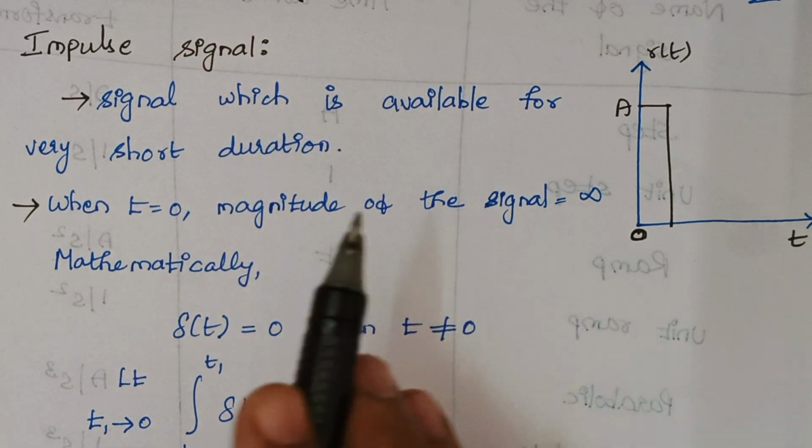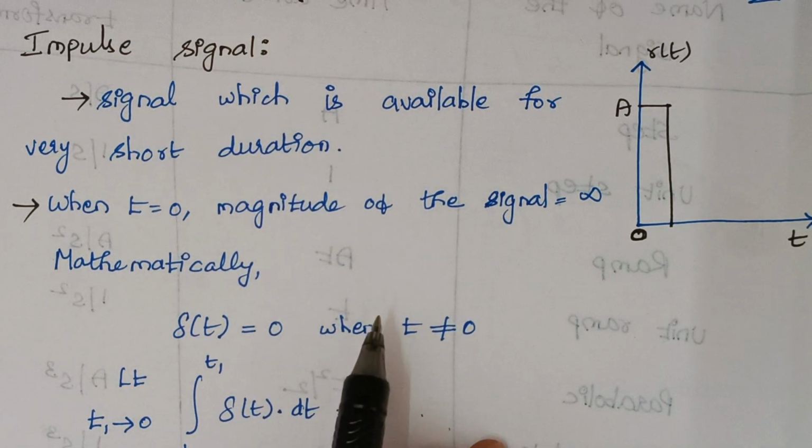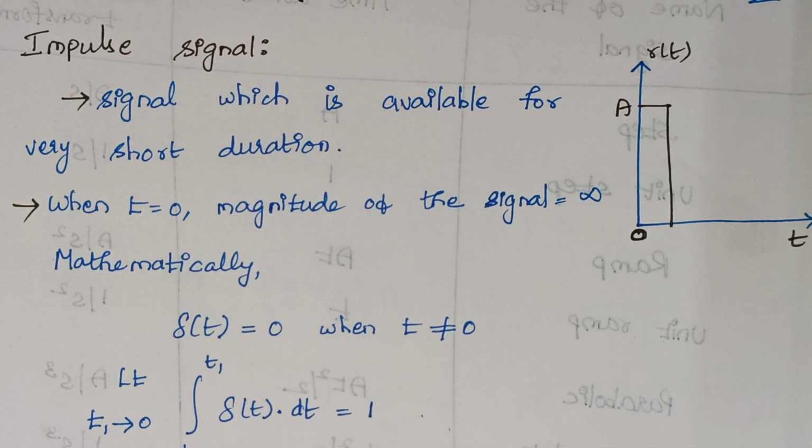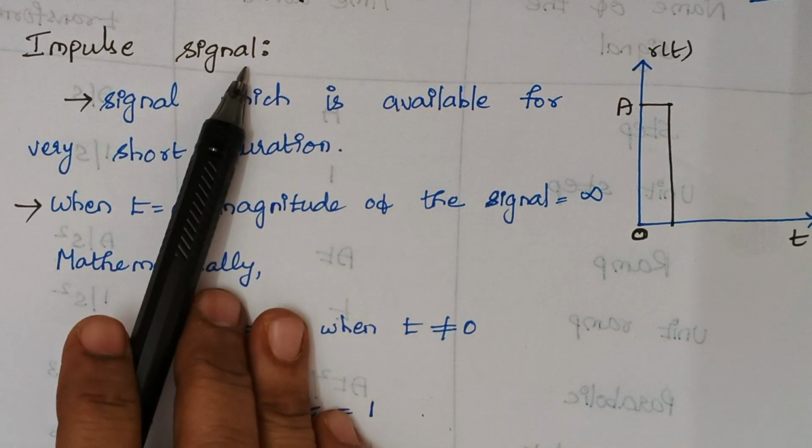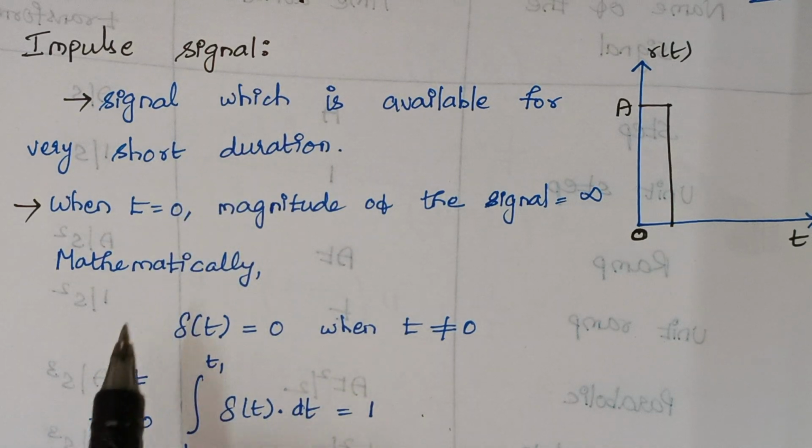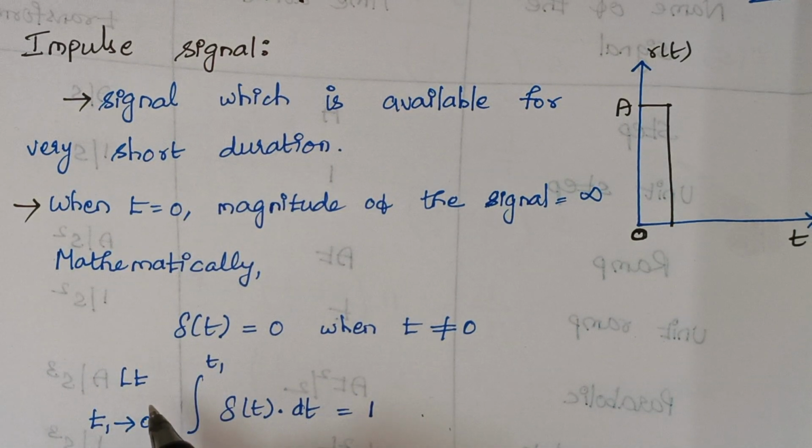That is, it is a type of signal whose magnitude is very high for a very short duration, when the time is in terms of milliseconds or microseconds. That is known as an impulse signal. We can even say lightning is the best example for an impulse signal.